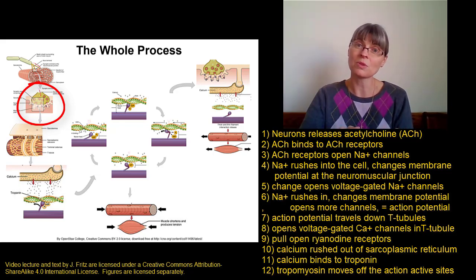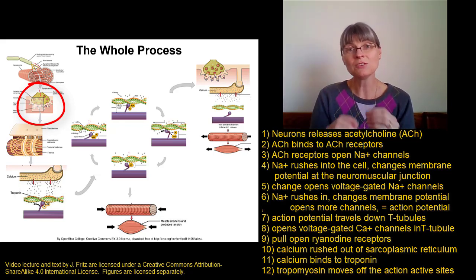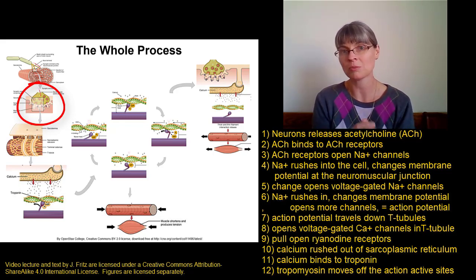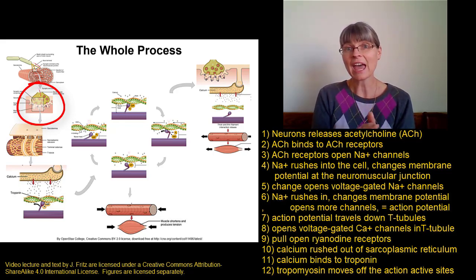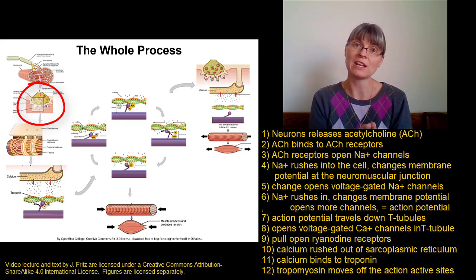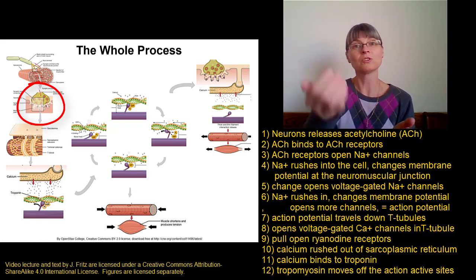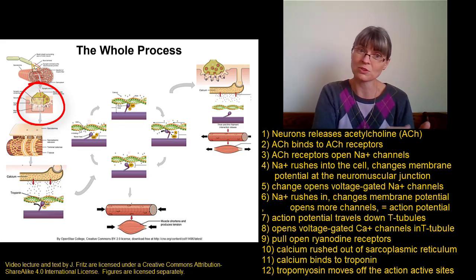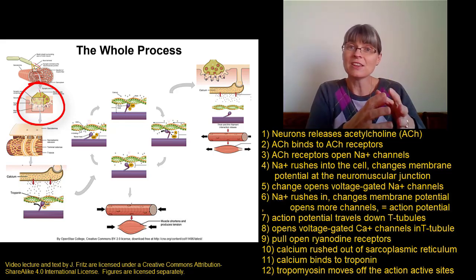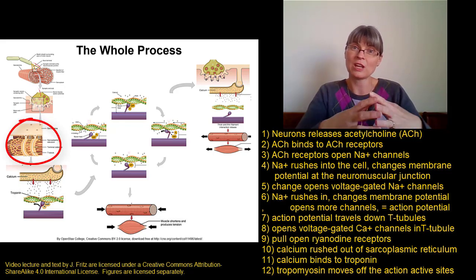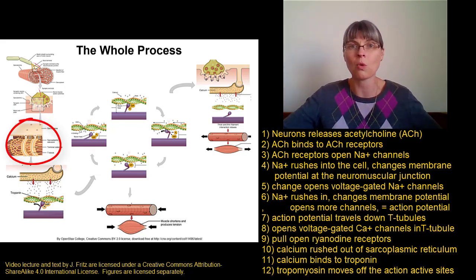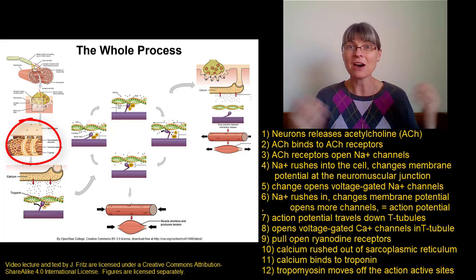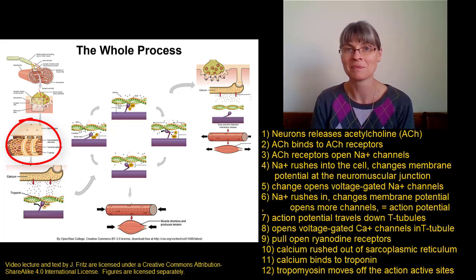Sodium comes in through those channels and changes the membrane potential right at the neuromuscular junction. That causes the opening of voltage-gated sodium channels nearby, which lets more sodium in, which opens more voltage-gated sodium channels, which lets more sodium in, which opens more channels, and this is the action potential, a change in membrane potential that spreads across the whole muscle fiber. Now our muscle fiber is excited.